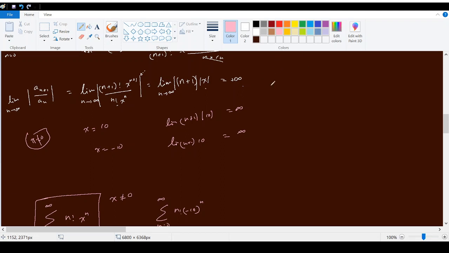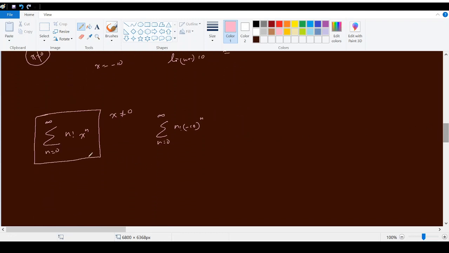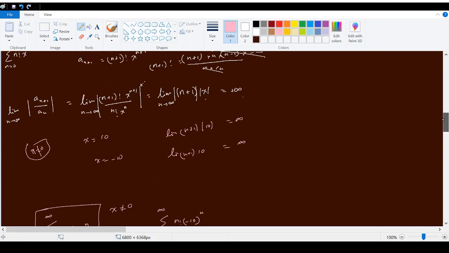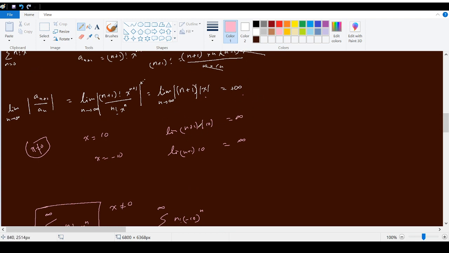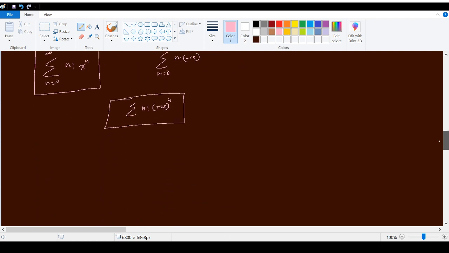So from the ratio test, for those particular x values, the series will diverge. If we are given a specific example, then at once we can say that this series will diverge, because you have the result for a more general case. And let's do another example.